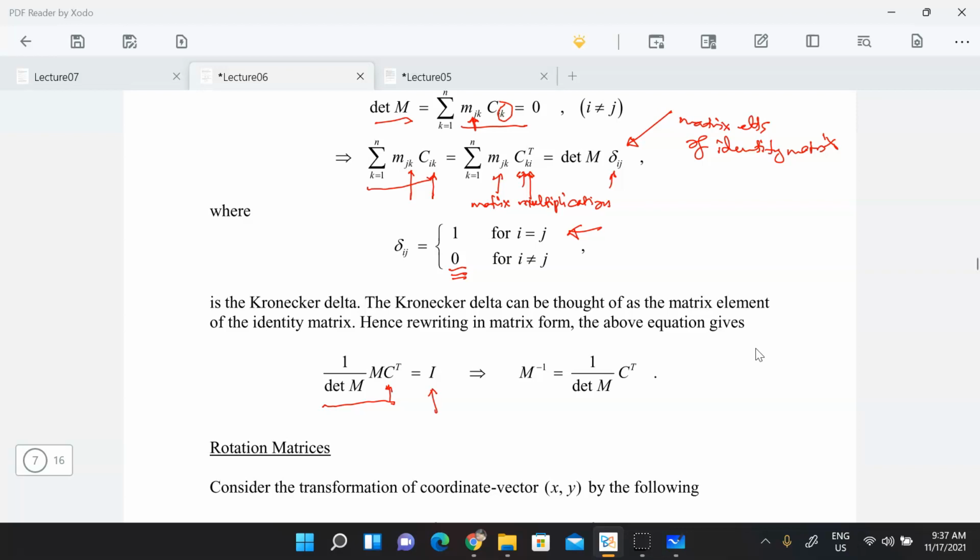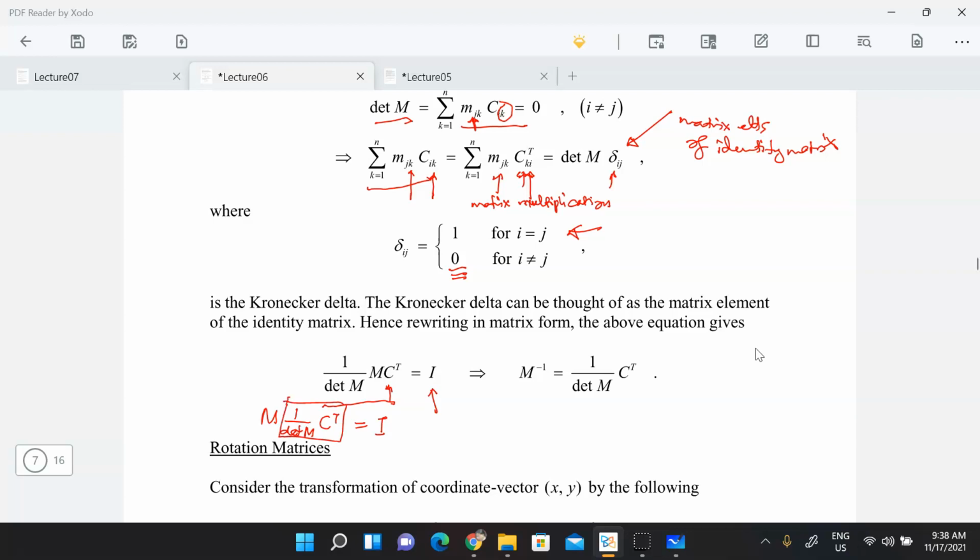Or if you rearrange this, then I will be able to say that if something multiplies m, so if I write it this way, m times 1 over determinant m, which is a number now, times C transpose equals identity.